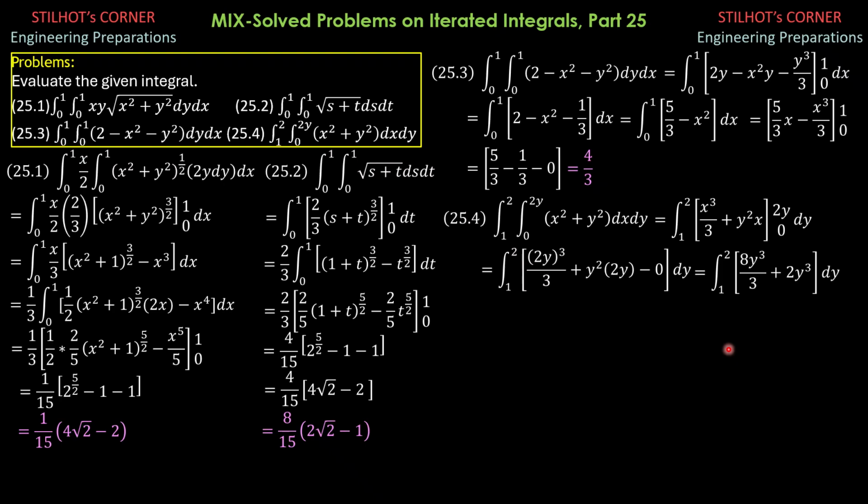And that would be 14 over 6 times y to the 4th over 4 from 1 to 2. So this is 7 over 6 times the quantity 2 to the 4th minus 1 to the 4th, which is 15. 15 over 6 is 5 halves times 7, so 35 over 2. So that's it for this video.